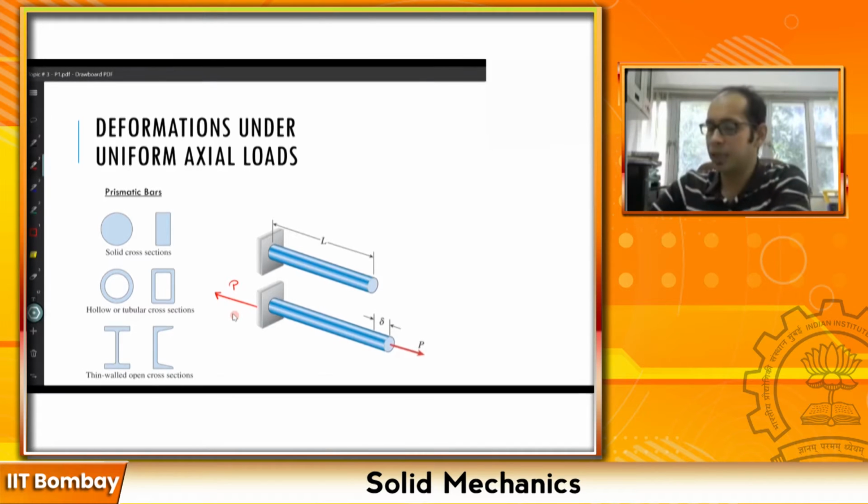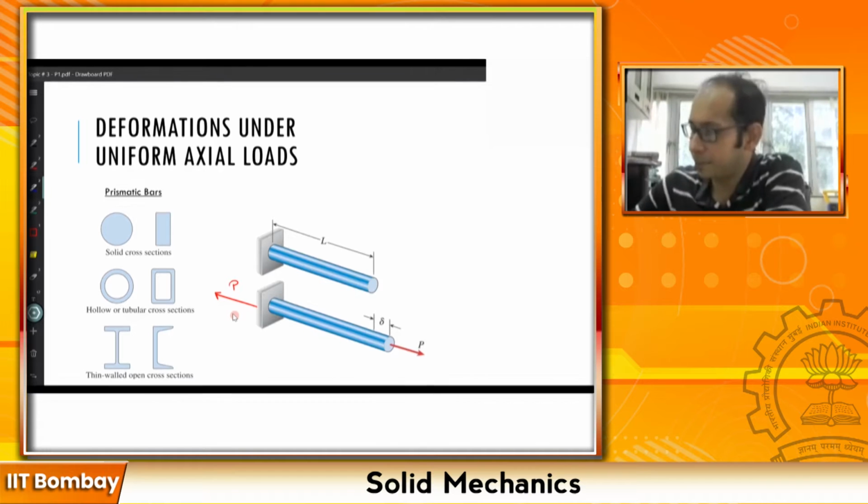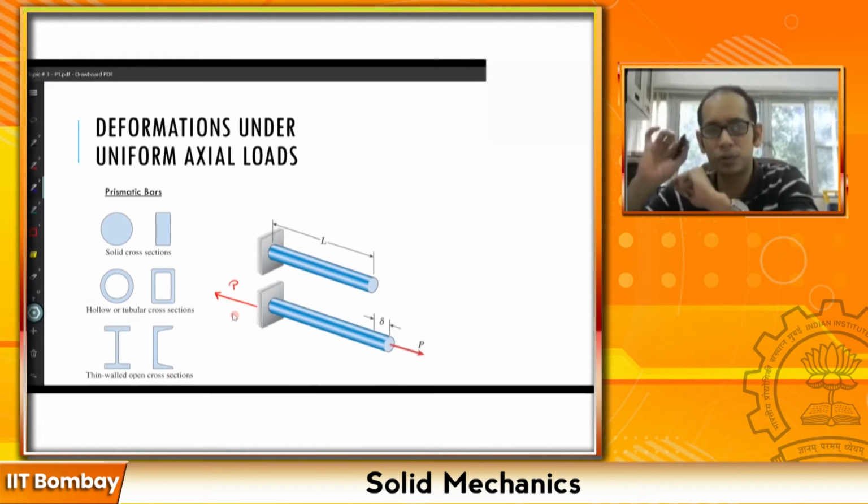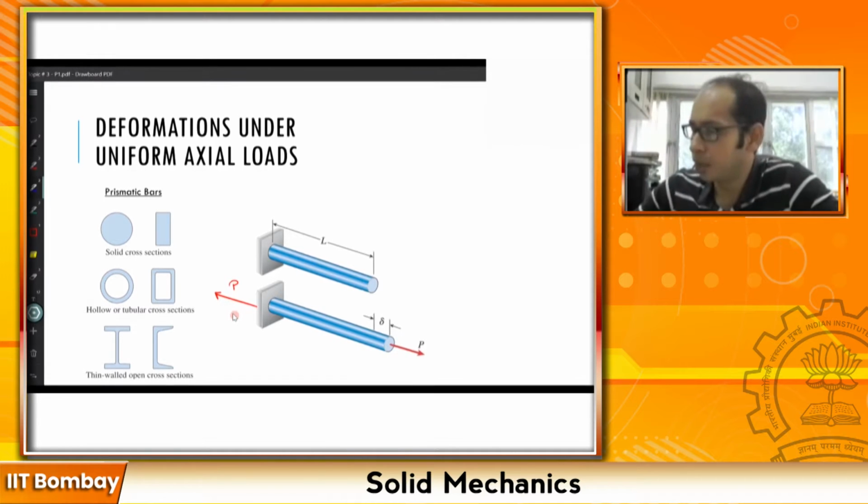Regardless, remember what we derived in the previous topic: the expressions for stresses and strains, and how stresses and strains are related. Taking each one by one, sigma is equal to P divided by A for the stress.